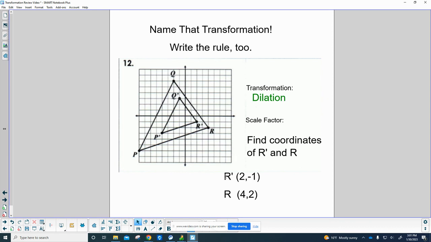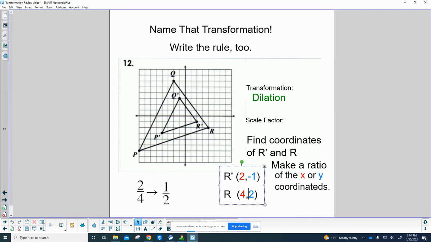When we start out with R prime, which is 2 and negative 1, and then R, which is 4 and negative 2, we set up a ratio between R prime and R. So we can do 2 over 4 or negative 1 over negative 2. That's actually a negative 2 there, so we've got to make sure we put a negative sign in front of that. If we make a ratio between either of those, we end up with 2/4, which equals 1/2. That is the key: doing R prime over R, and making sure you got the signs right, and that's how you get your scale factor.